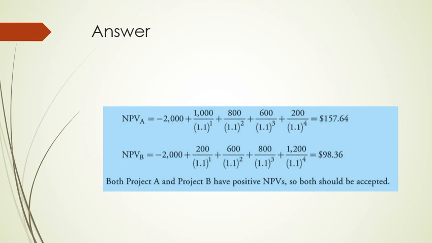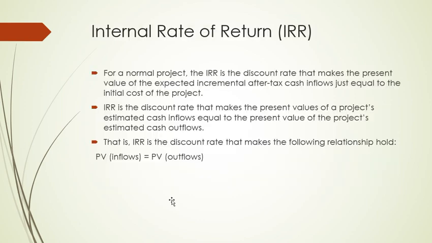And next, it's the internal rate of return. For a normal project, the IRR is a discount rate that makes the present value of the expected incremental after-tax cash flows just equal to the initial cost of the project. IRR is a discount rate that makes the present value of the project's estimated cash inflows equal to the present value of the project's estimated cash outflow.